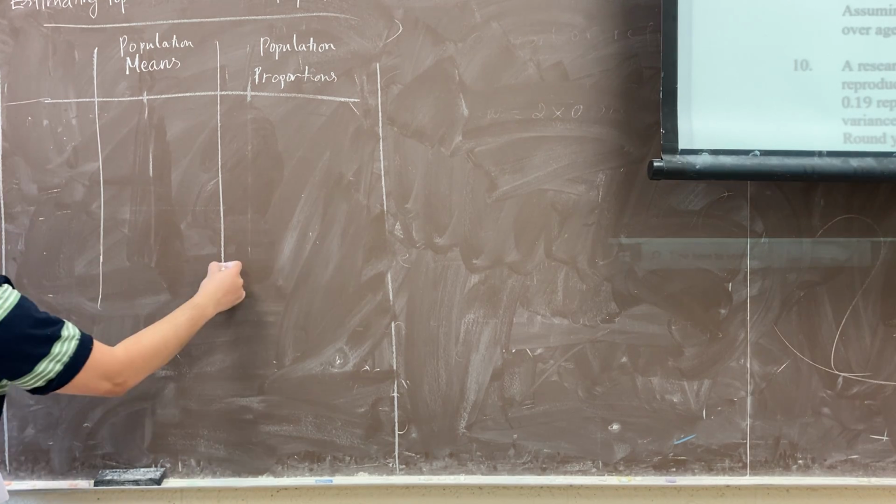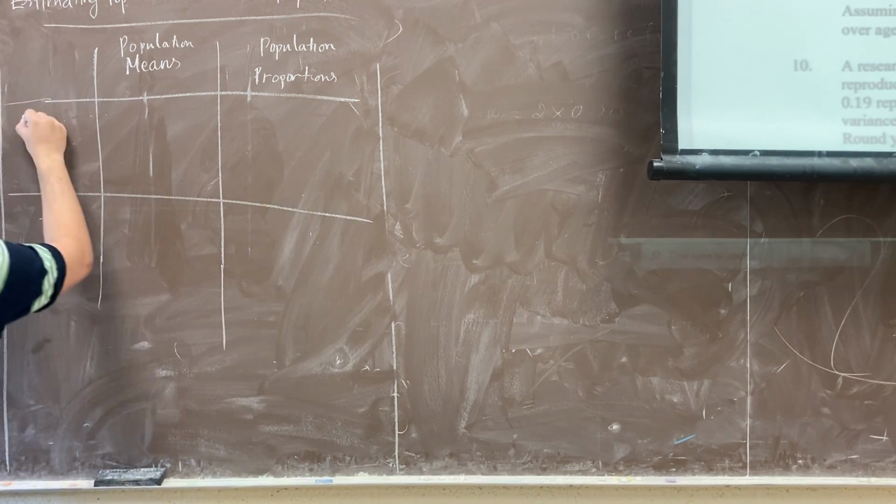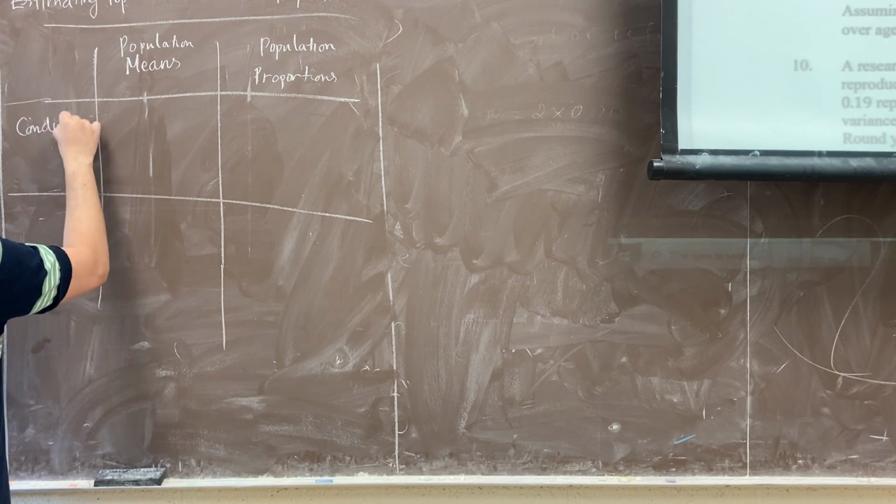Okay, before we estimate the population mean and population proportion, we need to check the conditions. The condition to estimate the population mean is a simple random sample.